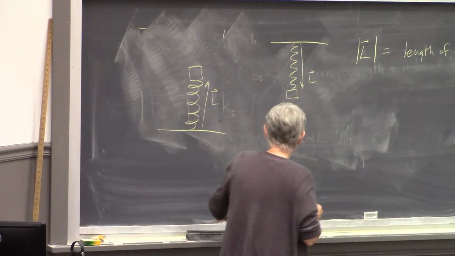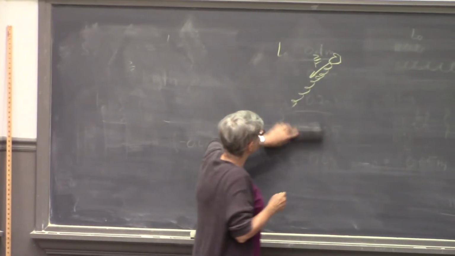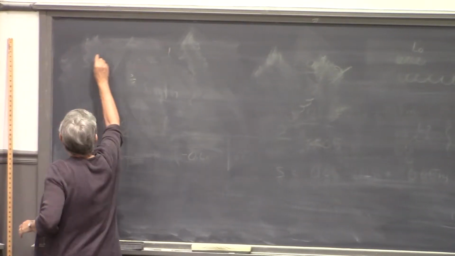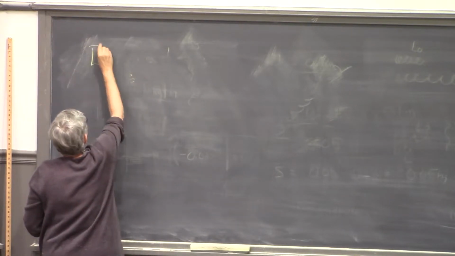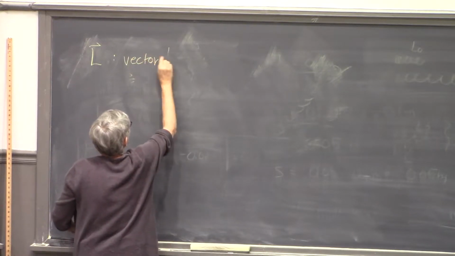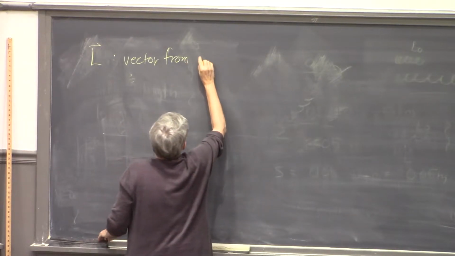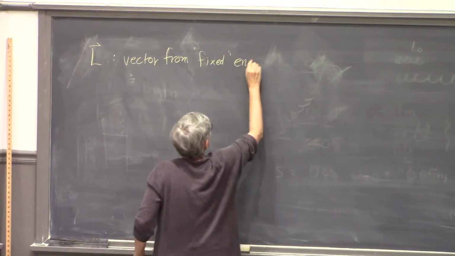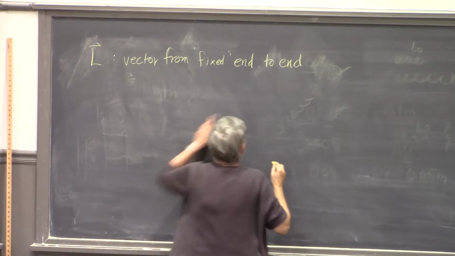So now we can redefine our stretch a little bit. L is a vector from the fixed end to the movable end, or the end that moves.